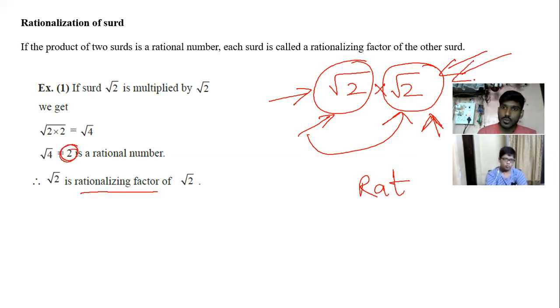So this root 2 will be called a rationalizing factor of this root 2. Did you understand? Now, the rationalizing factor of a given surd is not unique. One surd can have different rationalizing factors.